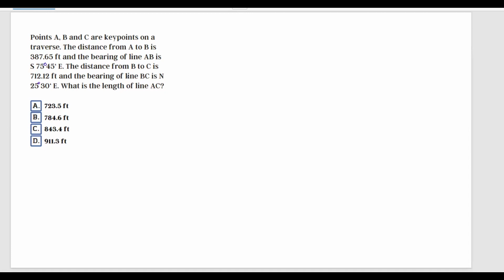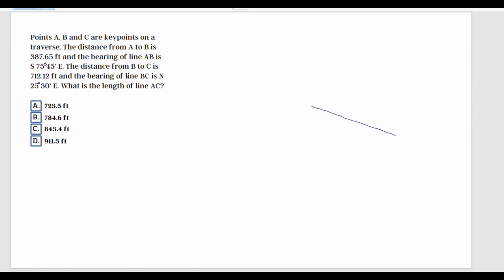Okay, let's again represent this to have a better understanding of what we have to calculate. Let's start with the overall thing. We have 3 points, A, B, and C. We know the distance from A to B and the bearing of AB. So let's start with the bearing. Is south 75 degrees, 45 minutes east, southeast. So I'm going to start here, southeast. There you go.